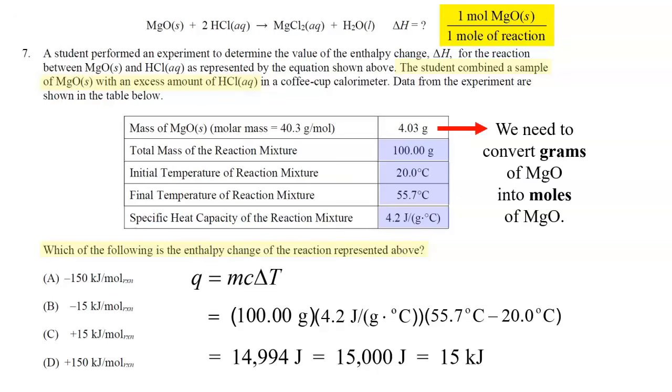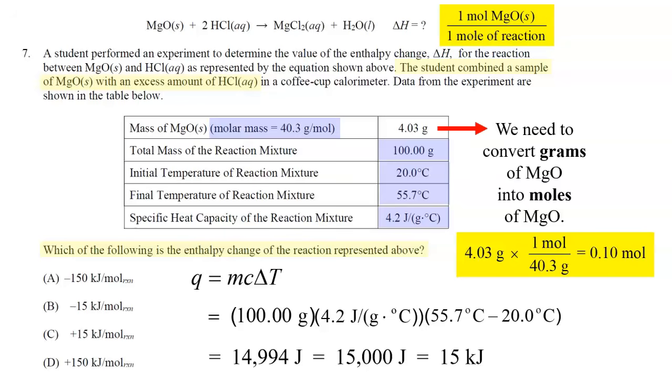So we have to convert the grams of magnesium oxide that was used in this experiment, which is 4.03 grams, into moles. And the molar mass of magnesium oxide is 40.3. So it's 4.03 divided by 40.3, and that tells us that we have 0.10 mole of magnesium oxide, or 0.10 mole of reaction in this experiment.